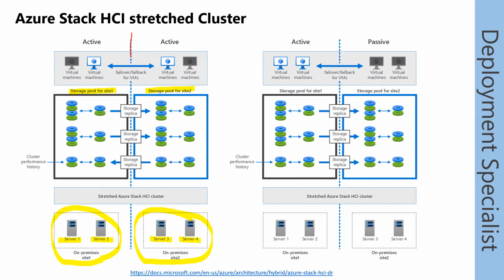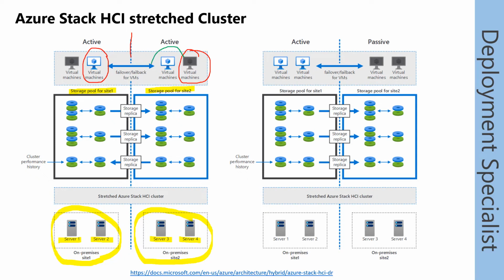In this stretch cluster configuration, we first have to decide, will it be an active-active configuration or an active-passive configuration? In an active-active configuration, we will have virtual machines running on each of the sites. So this virtual machine will run here, and in case of a failure, this machine will start here. And we also have virtual machines up and running on the second site.